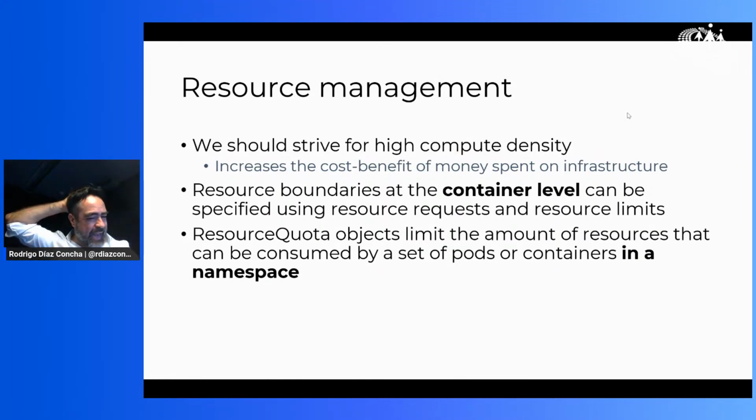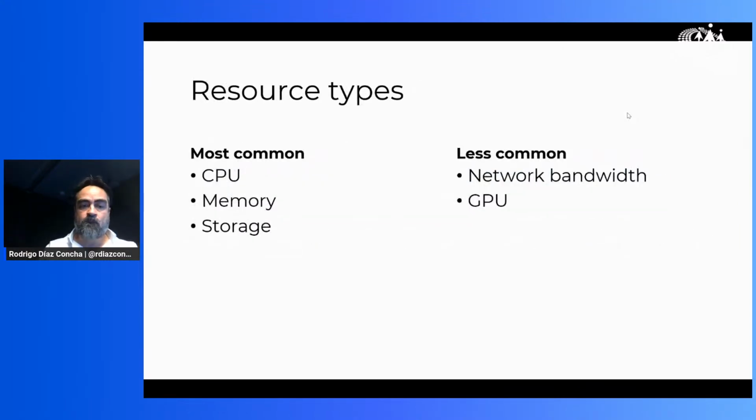It makes sense if you think about it, because maybe you're using this namespace for this application and this other namespace for another application, right? Or maybe you're using a namespace for one of your clients and another namespace for other clients. So you want to set those limits and boundaries at the namespace level, okay?